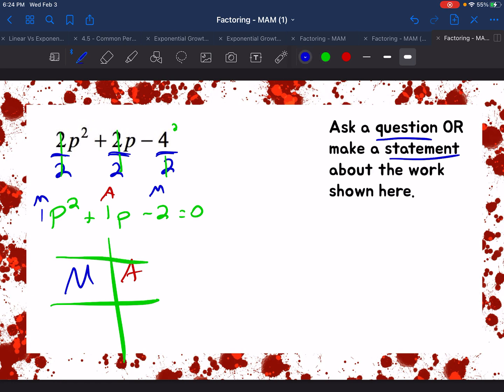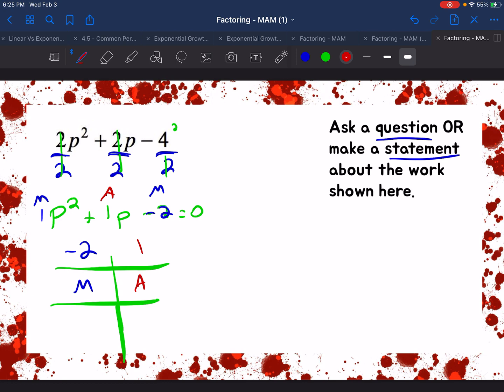Okay. Trying to multiply to -2 and add to 1. Can you think of 2 numbers that multiply? Oh, I totally put these in the wrong spot. Make my MA chart again. Sorry about that. Right, can you think of 2 numbers that multiply to -2 and add to 1?